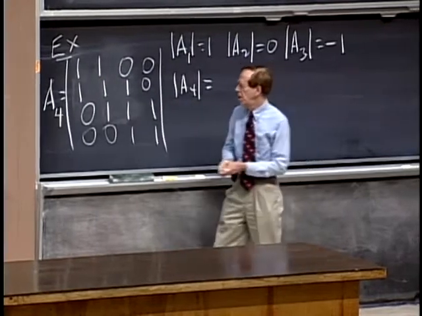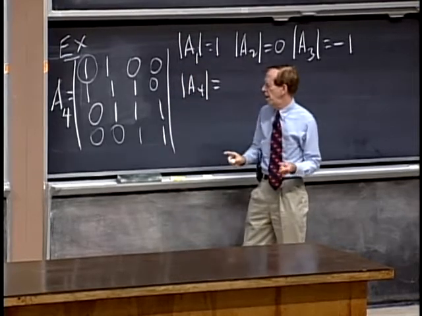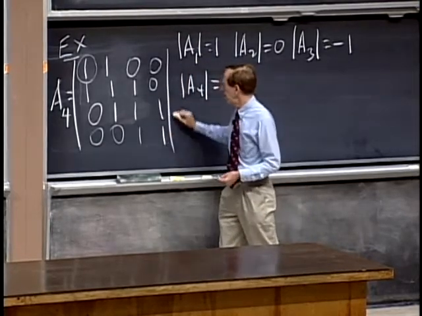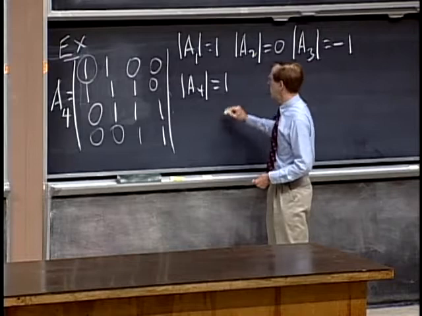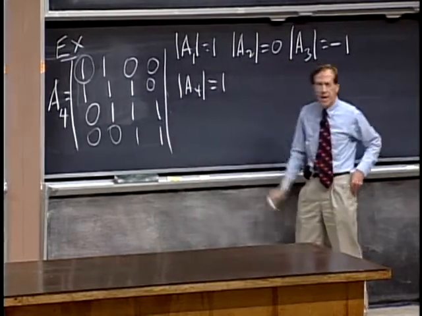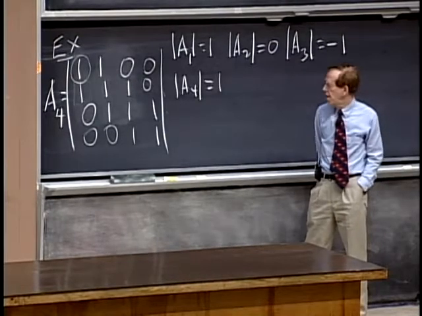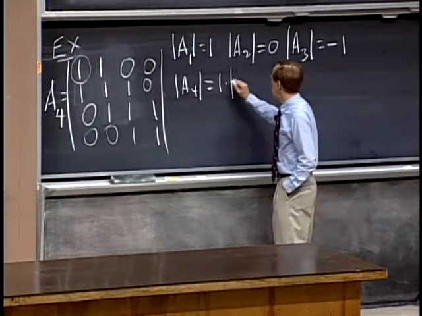Those are easier. So I multiply this number, which is the convenient 1, times this determinant. So it's 1 times this 3 by 3 determinant. Now, do you recognize that matrix? It's A3. So it's 1 times the determinant of A3.